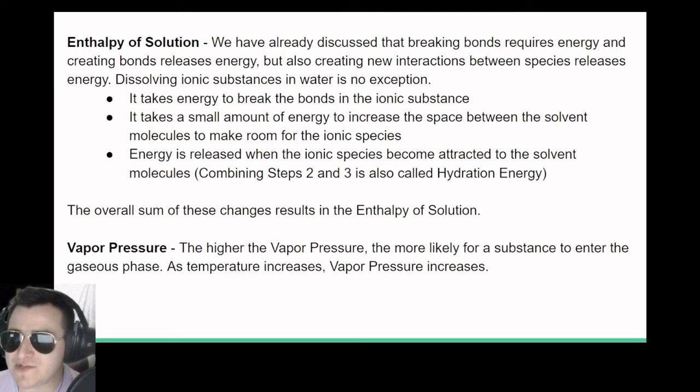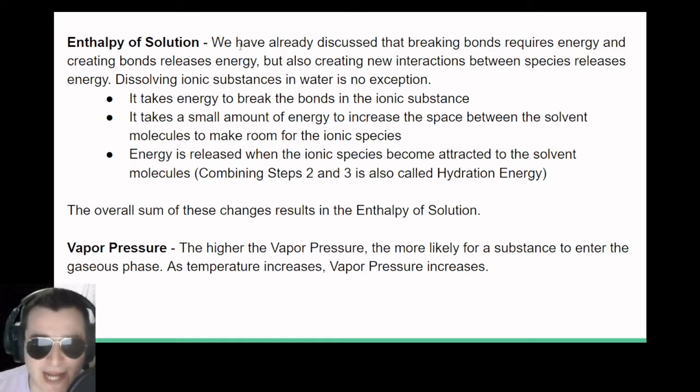When you dissolve stuff in water, heat is released. Let's talk about why. 3 things happen simultaneously when this occurs. When you dissolve something, typically we're looking at these ionic compounds when they're dissociating. Ionic compounds, as we talked about in the last video when we talked about bonding, there's a great deal of energy between them.